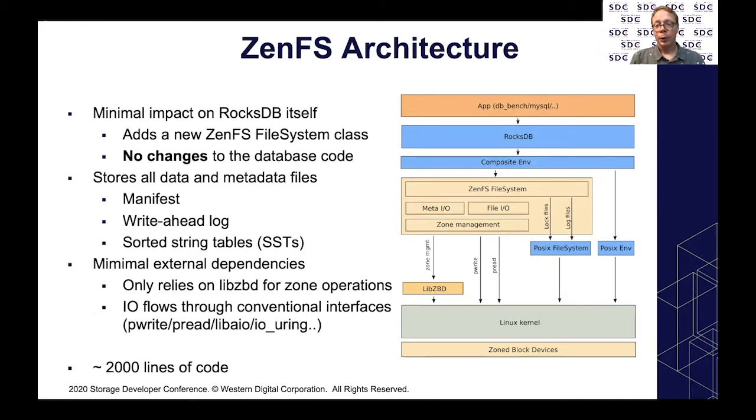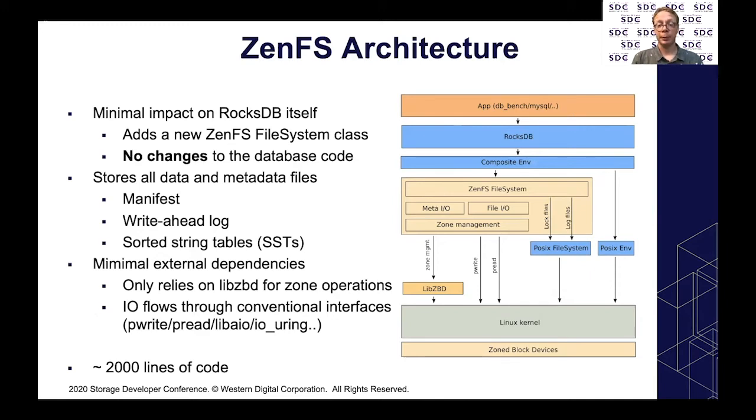So if you look underneath ZenFS, this yellow-orangey box, what does it interface? Well, for zone management, it uses libzbd, which is a thin library to do zone management operations. libzbd is just a convenience library for using the Linux kernel IOCTLs.